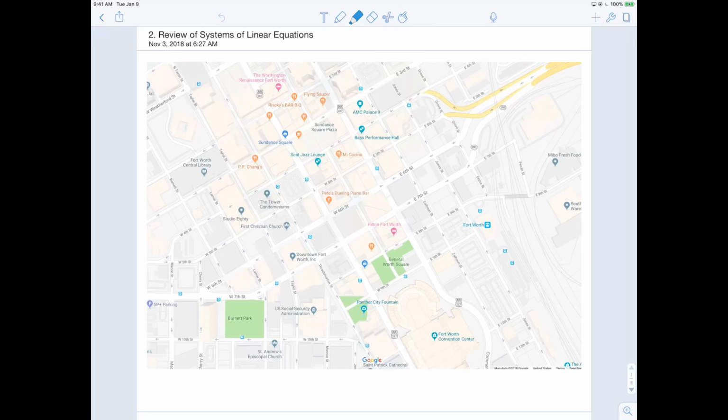And if we think about systems of linear equations, it's like saying if I am on this street, so 287, and I am on this street, West 4th Street, then where is the only place I can be? Think about that as we move on to the next example.